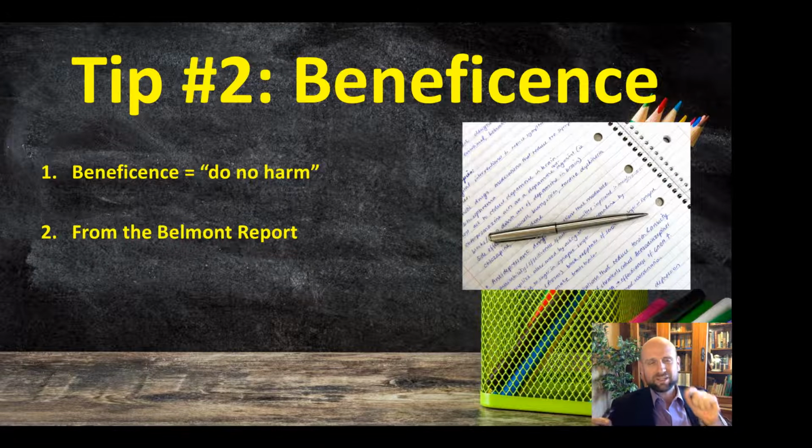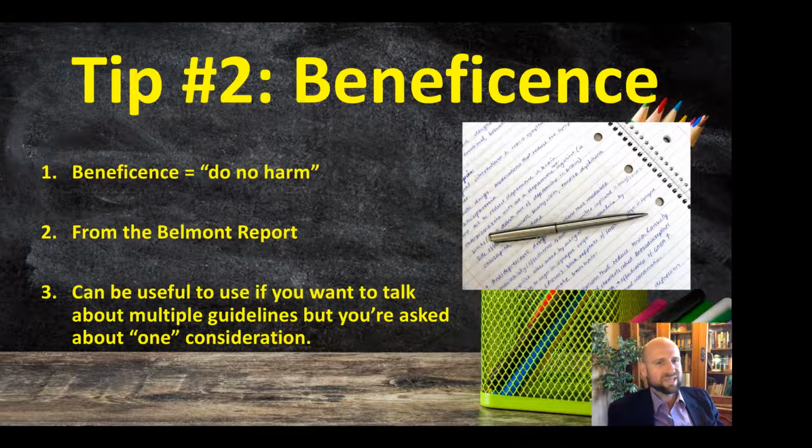So it's often hard to identify the one specific consideration, and if you see that all those guidelines are kind of interrelated, then you can identify the one consideration as beneficence and write about two or three of those guidelines under that one umbrella. In terms of approaching the exam questions, that can be quite helpful.